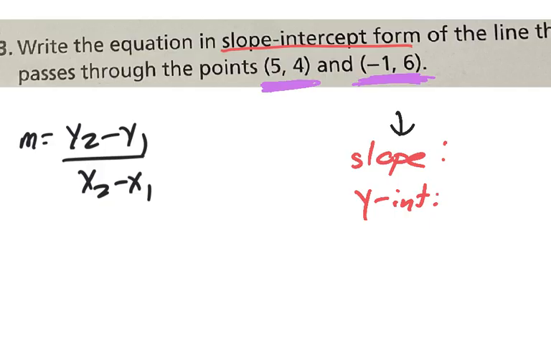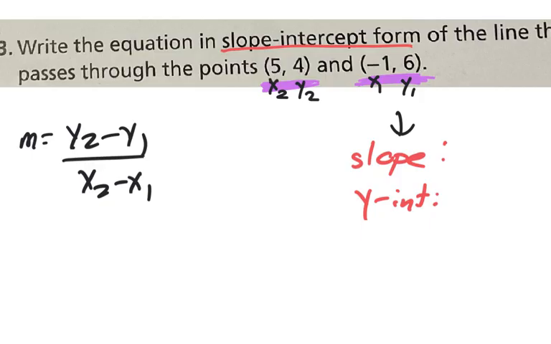So, it doesn't matter which point you make x1, y1, and which point you make x2, y2. You just need to pick. So, for me personally, I would make this x1, y1, and I would make this x2, y2. But if you do it the other way, it's fine.